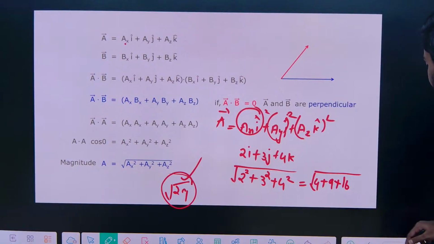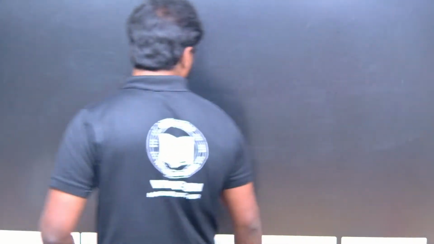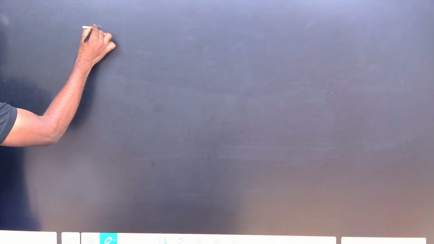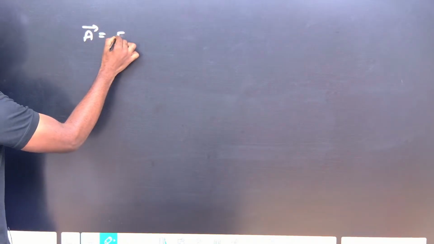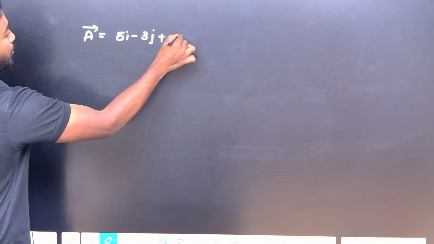Okay. Now the question is, A vector is given as 5i cap minus 3j cap plus 2k cap.